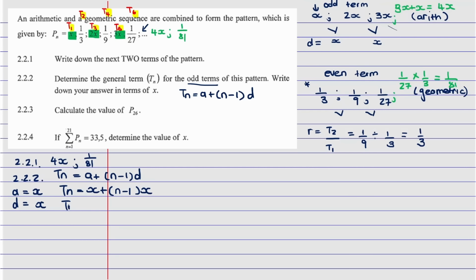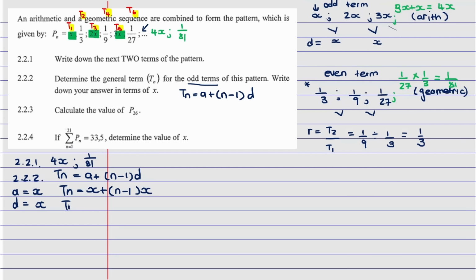That's sorted. But we already know that P has two sequences. It has an arithmetic and a geometric. So to find the exact term where this P26 falls in the geometric, we need to divide this 26 by 2 so that we can reach the exact term using the geometric.